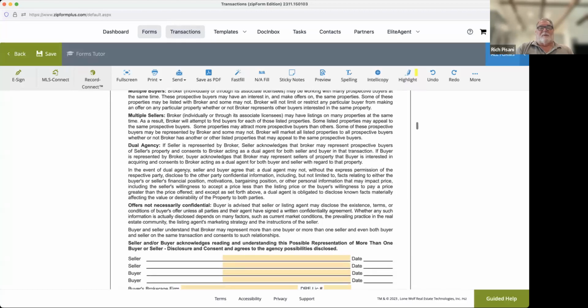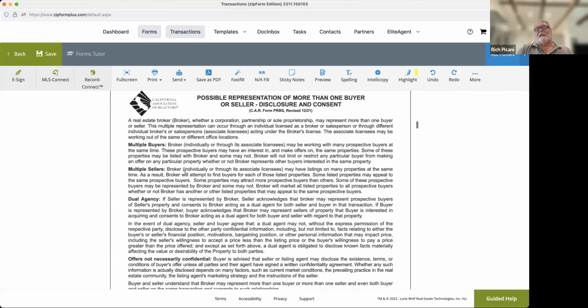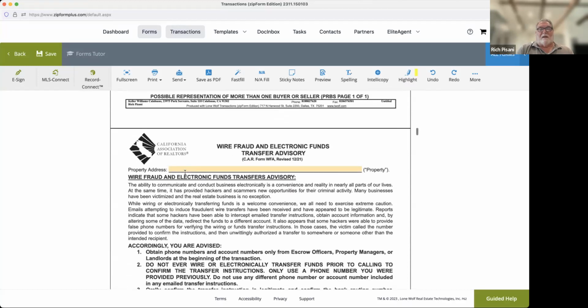That's all this piece of paper is disclosing. There may be somebody else in my office writing an offer on this. There may be somebody else in my office representing the seller, and that's a dual agency. So that's all this form is doing.